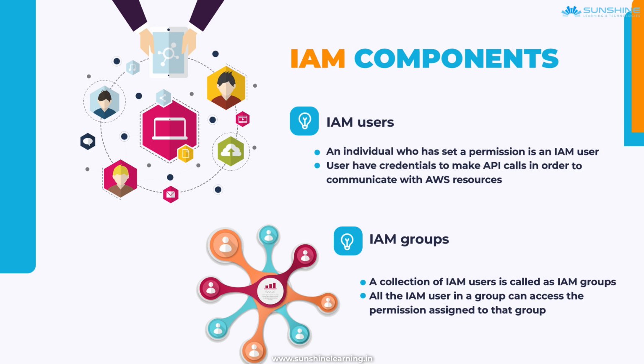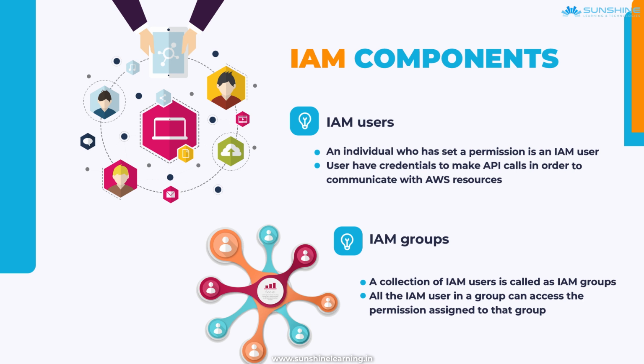Instead of manually assigning the permission to each and every individual user, I can create a group and attach the permissions to the group. Let's say I give admin access to the group, and the users that are added in that group automatically get the admin privileges.